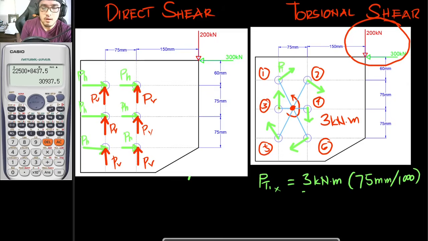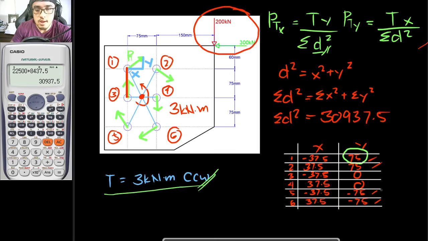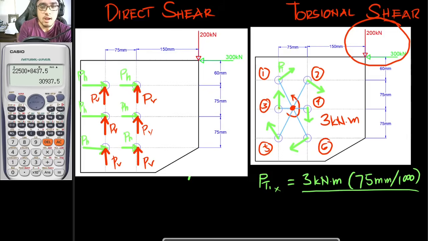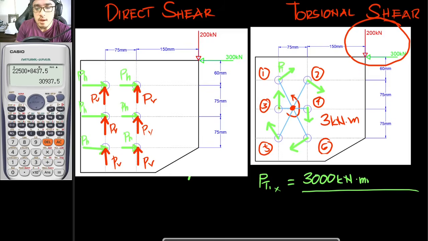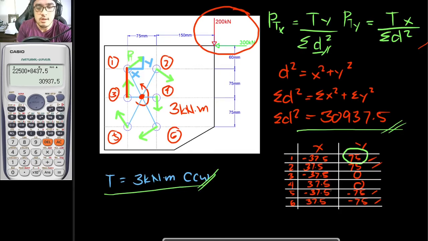So there, divided by this one right here. Pero since naka mm pala yan, nagsisi ako, palitan natin pala dito. Instead of me using these values right here, 3,000 kilonewton millimeter. Millimeter na lang gamitin natin since naka-millimeters pala tayo dito sa mga parts na to.